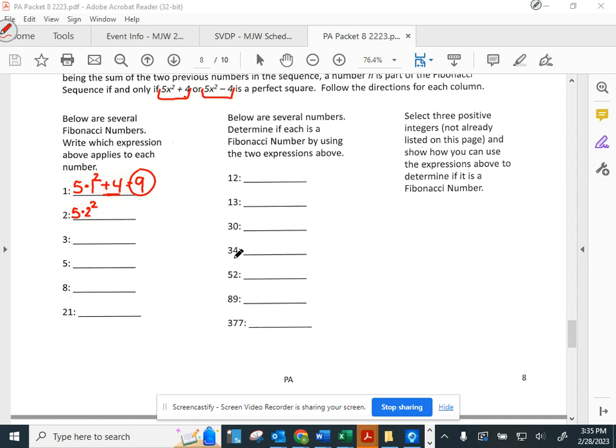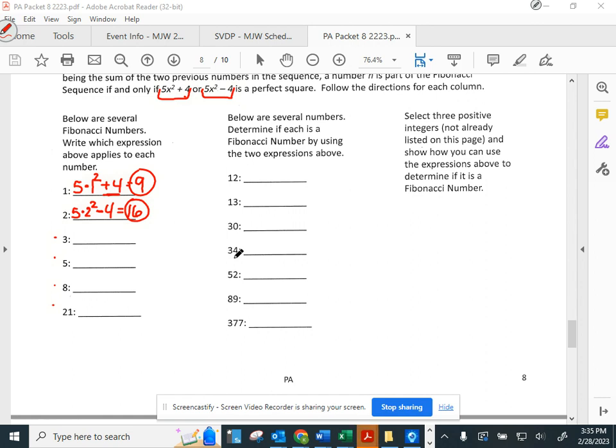But if I subtract 4 from 20, I get 16. 16 is a perfect square. So I know that I would want to use the subtracting equation to make that work. So you're going to do the same for the rest. Figure out if you add 4 or subtract 4, which way will you get that perfect square?